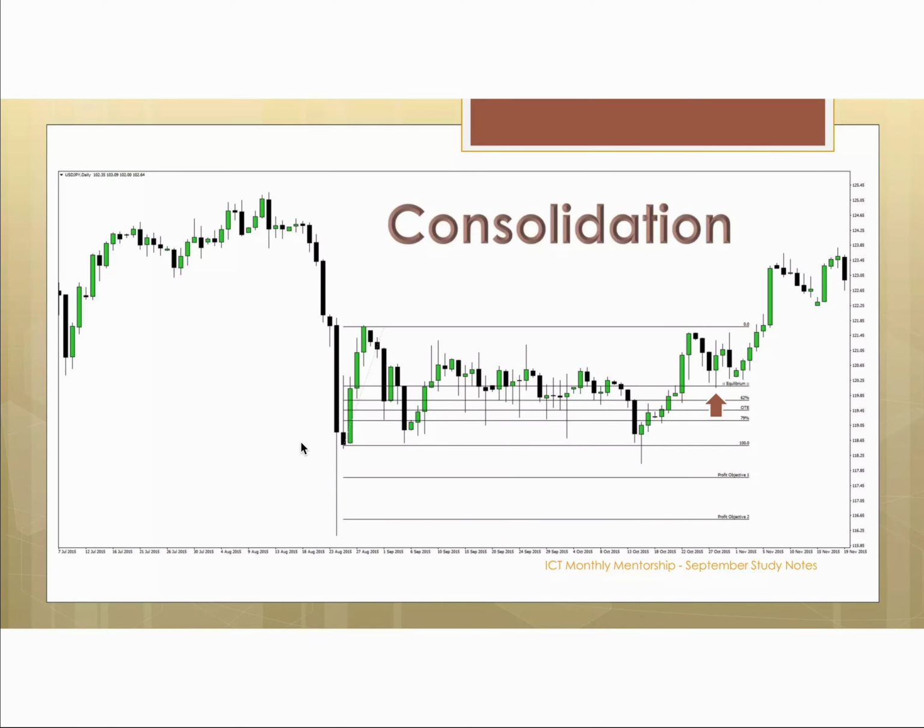So as you can see here, we can create equilibrium levels. Like we may have a strong wick to the downside. We can then use this to create an equilibrium point and then long or short the premiums or the discounts.